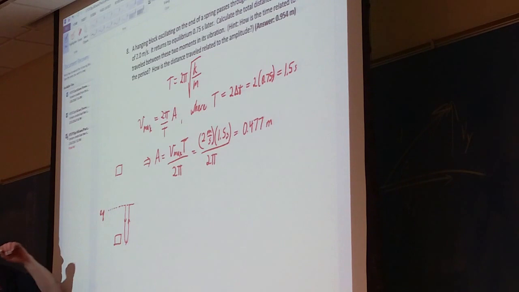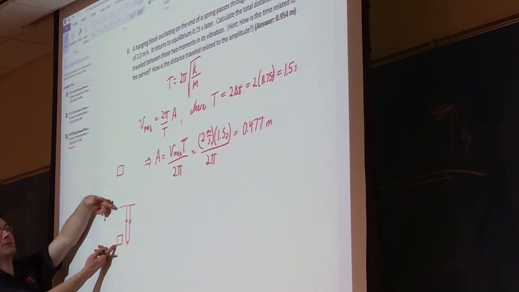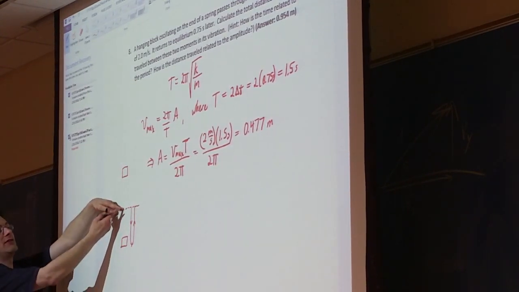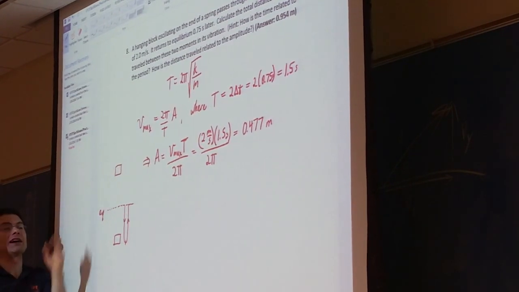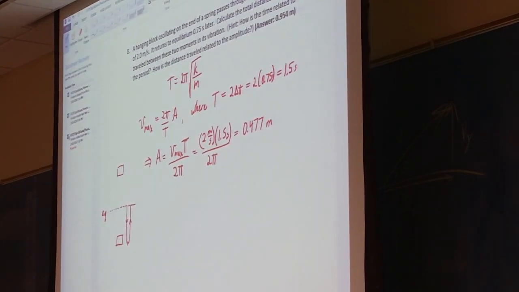So how is that distance related to the amplitude? Half of the amplitude? 2 times the amplitude. Okay. Yeah, well this right here is the amplitude, right? So if I travel from here to here and then back, I've actually traveled through twice the amplitude.